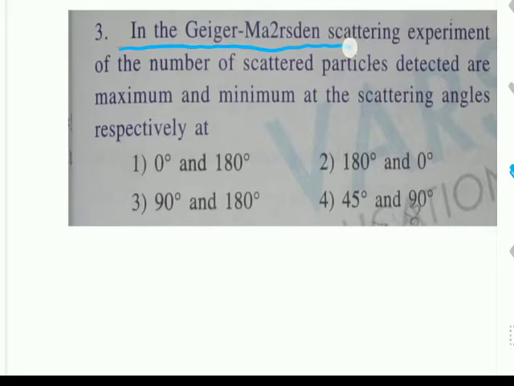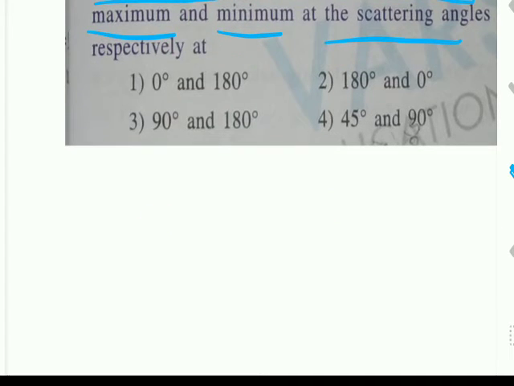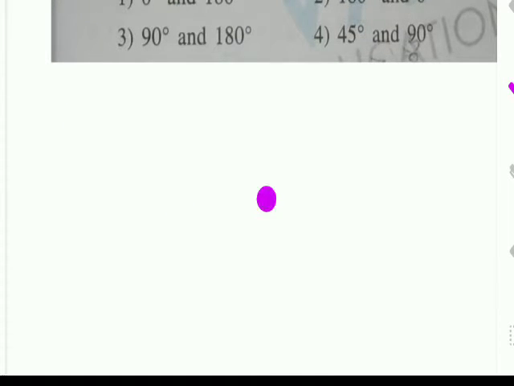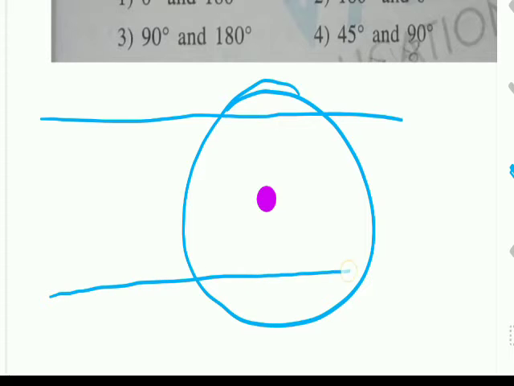In the Geiger-Marsden scattering experiment, the number of scattered particles detected are maxima and minima at which scattering angles respectively? In the Geiger-Marsden scattering experiment, most of the alpha particles were found to pass through the gold foil without deviation.